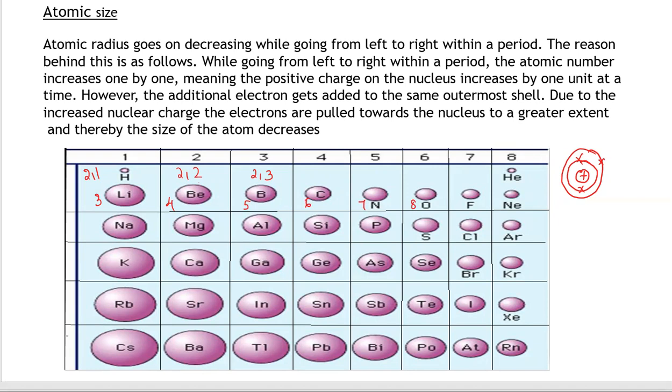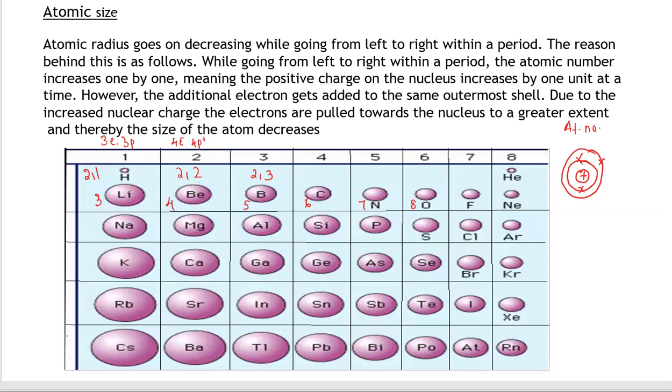But nuclear charge, what is atomic number? Atomic number means number of electrons or protons. As the atomic number increases, one proton is increasing and one electron is increasing. For example, lithium atomic number 3, that means it consists of 3 electrons and 3 protons. Beryllium atomic number 4, that means it consists of 4 electrons and 4 protons, right?